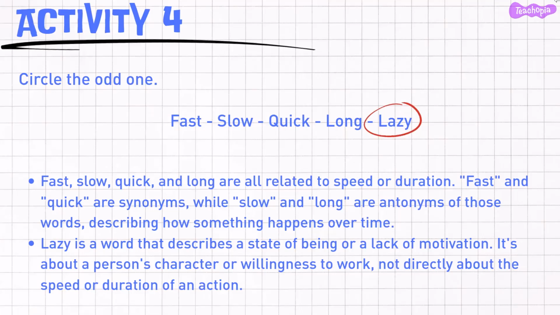Fast and quick are synonyms, while slow and long are antonyms of those words, describing how something happens over time. Lazy is a word which describes a state of being or a lack of motivation. It's about a person's character or willingness to work, not directly about the speed or duration of action.